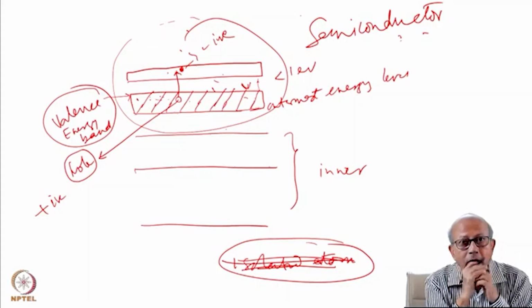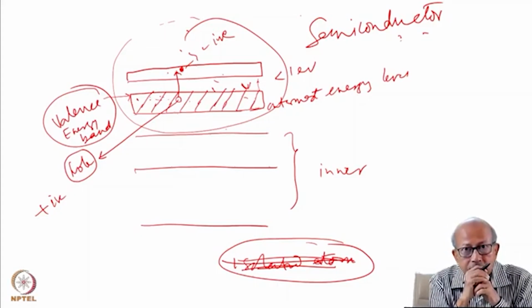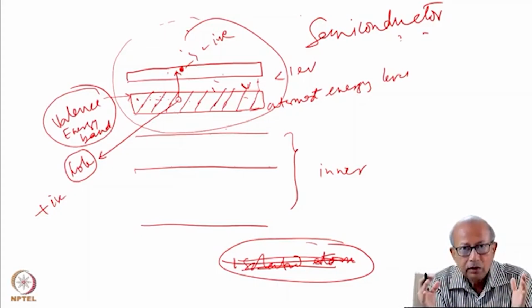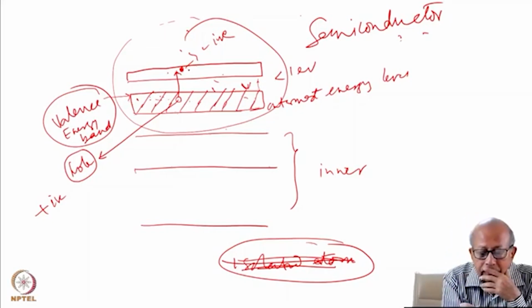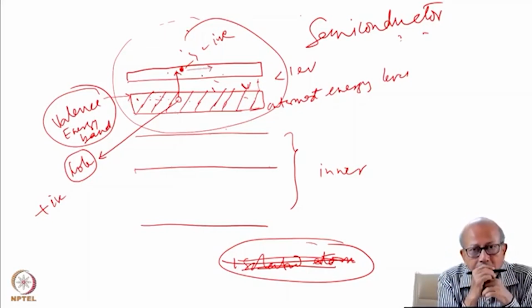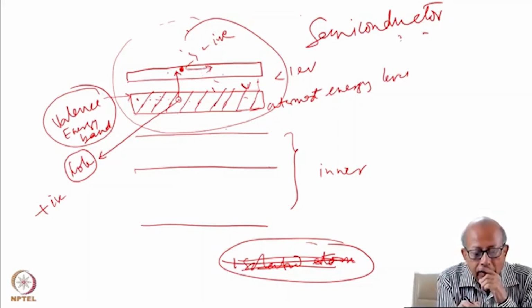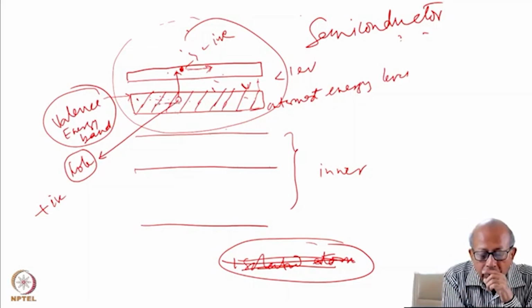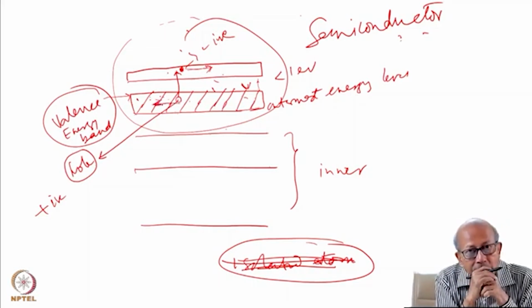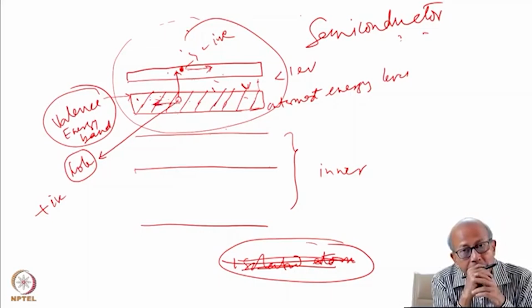And when you apply a potential difference to a semiconductor, the electrons will conduct electricity in the conduction band. Suppose the polarity is such that the electron moves in this direction, the hole will move in the opposite direction in the valence band and would conduct electricity.